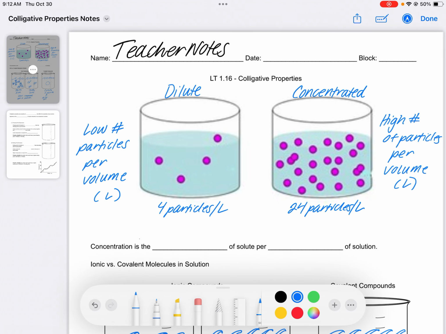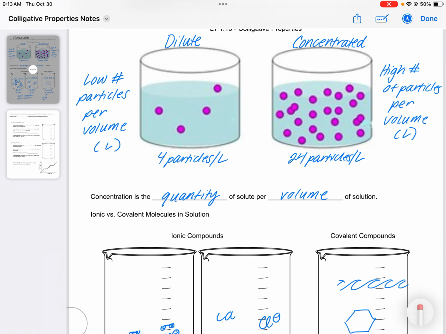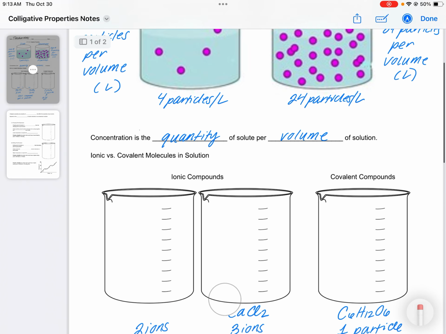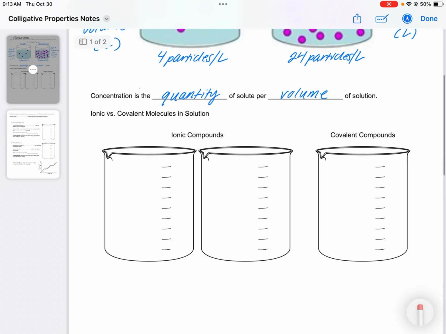Concentration itself is a measure of the quantity of solute per volume of solution. So we're looking at how much solute we have in a given volume of our solution. We can calculate this a lot of different ways. In Chem 2, we're going to look more at doing bigger calculations to find out what the true quantity is. But in this case, we can just kind of count what we see in the beakers.